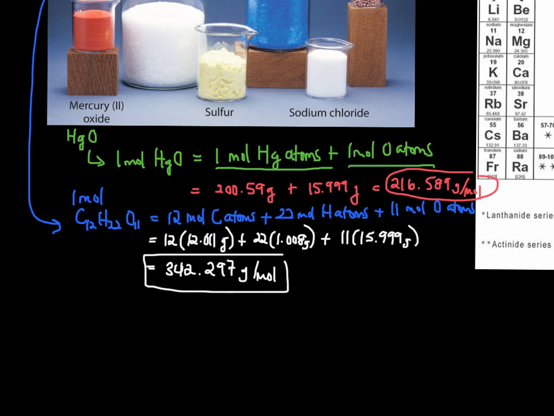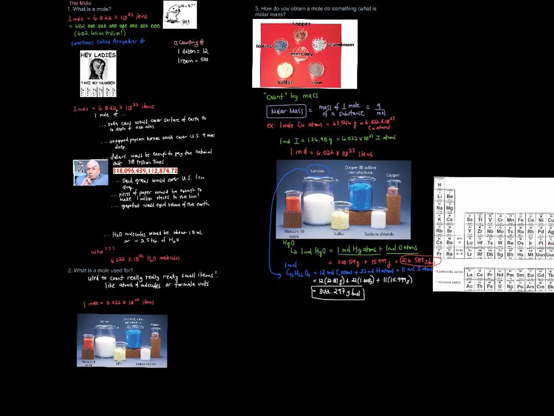I would have the same amount, 6.022 times 10 to the 23rd basketballs and 6.022 times 10 to the 23rd kittens. I would have the same number, but I would not have the same mass because they have different masses. So that brings us to the end of our presentation on what a mole is.